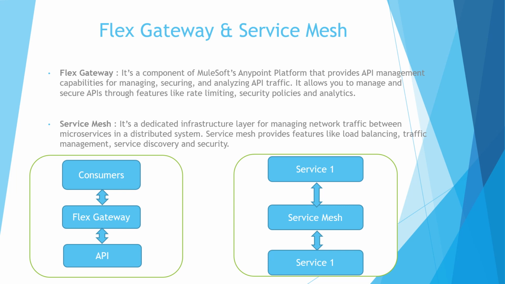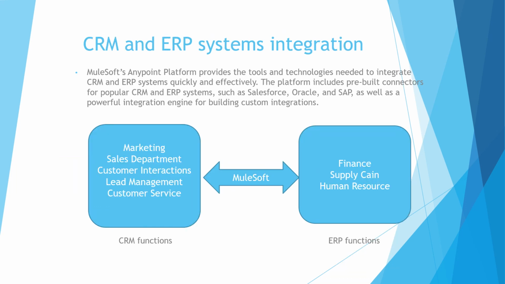Flex Gateway provides API management capabilities, while Service Mesh provides network traffic management capabilities for microservices-based architectures. They can be used together to provide a comprehensive solution for managing API traffic in a microservices-based architecture. That's pretty much about Flex Gateway and Service Mesh.